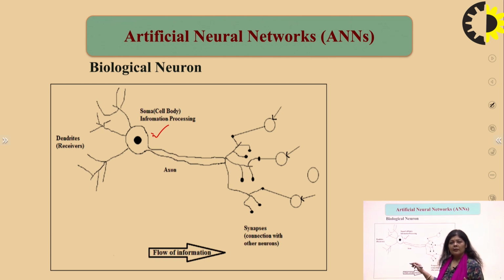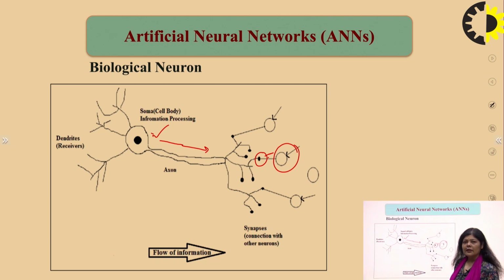So whenever some input is received by the neuron, that input is going to be processed here in this cell body, and then the input travels through this axon and reaches the endpoints of the axon, where there are certain dot-like structures. These dot-like structures are called the synapses, and these synapses basically work as the interconnection between the other neurons and this neuronal cell, right?